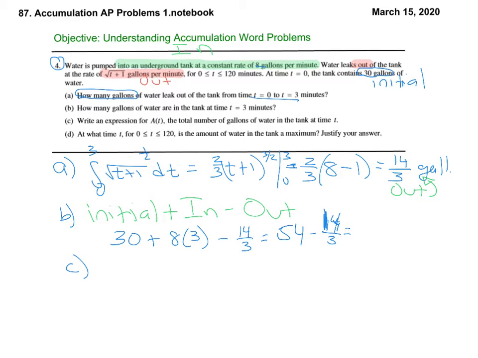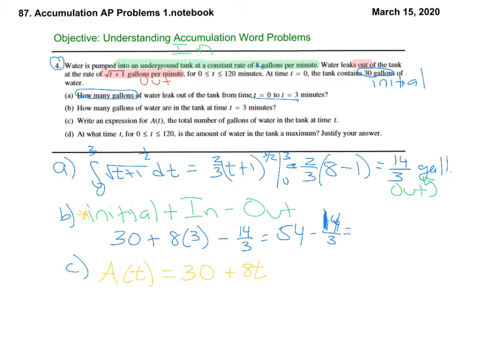All right, C. Write an expression, A of t, for the total number of gallons in the tank at time t. So we literally just did that in this last problem, right? We're just going to take this and turn it into an integral. So A of t equals our initial, the initial was the 30, plus the in. So now we can do this a couple ways. I think the easier way to do it is just to do A of t.